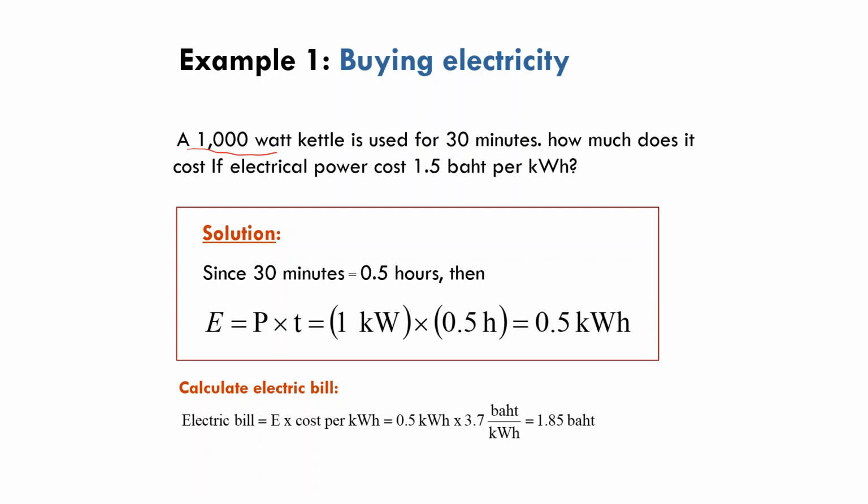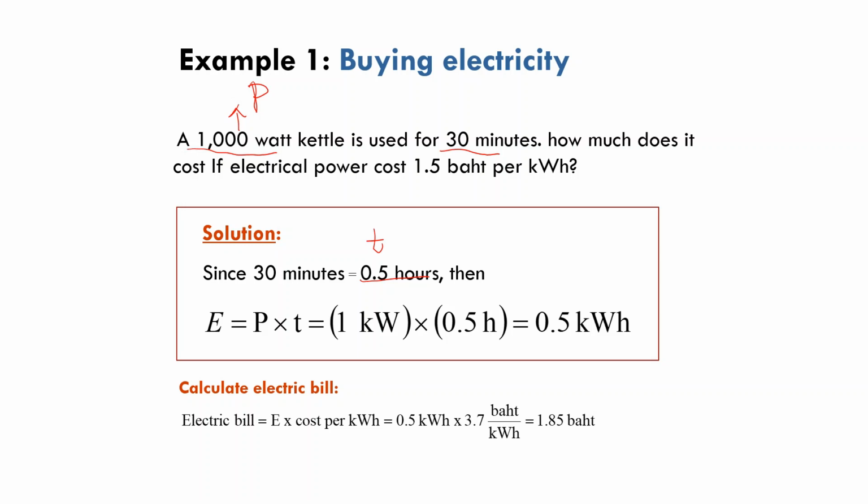The unit is watt, which means you have power P. And time is 30 minutes. However, we have to change from minutes to hours. 30 minutes is only half an hour, so 0.5 hours. This is time.